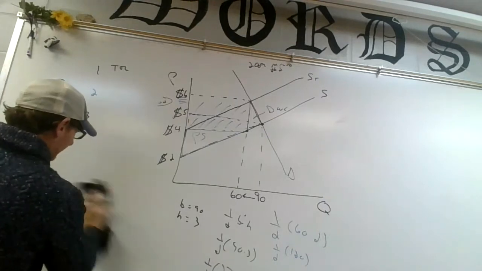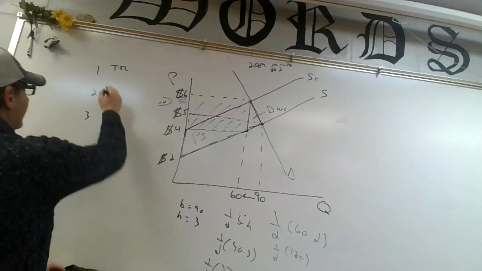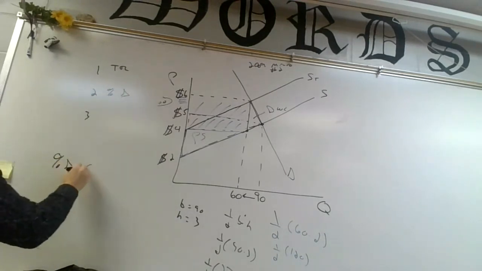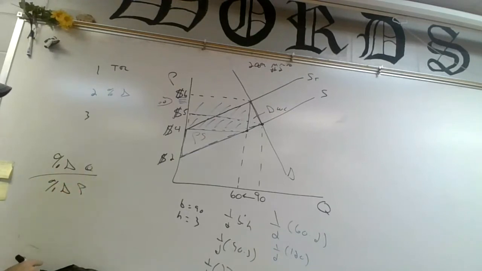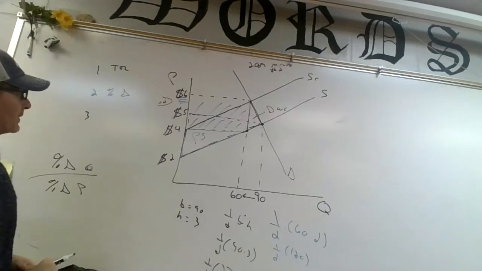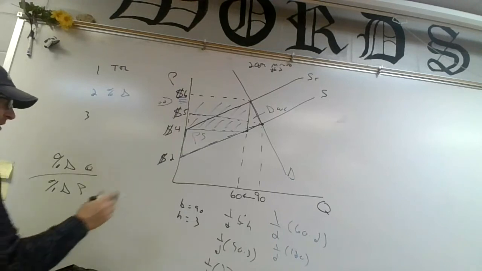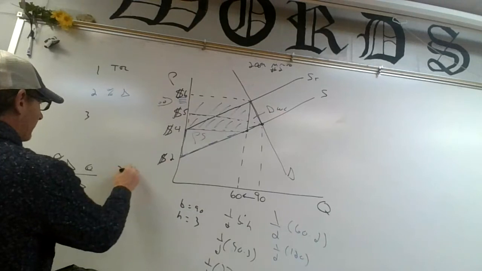Another way is to find the percent change in quantity over the percent change in price. The percent change in quantity, going from 90 to 60, is 33%.